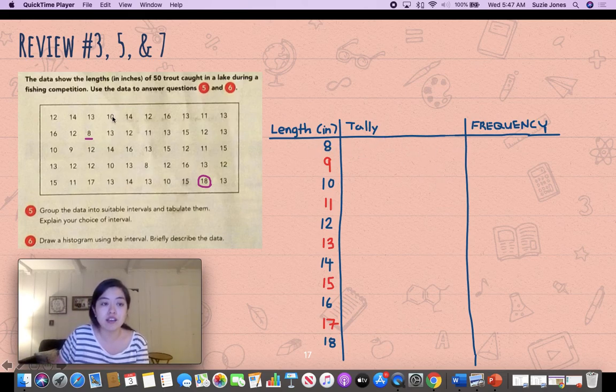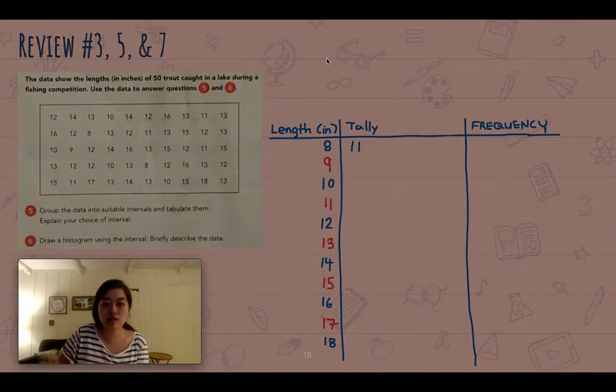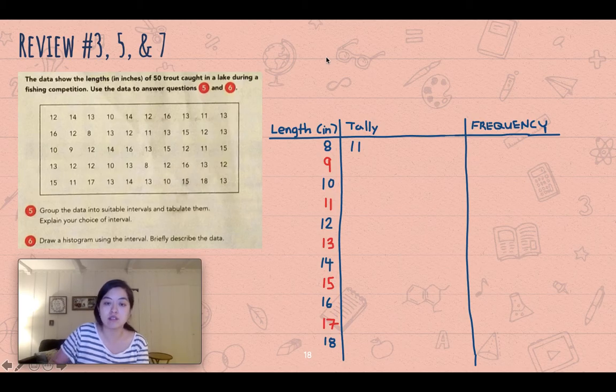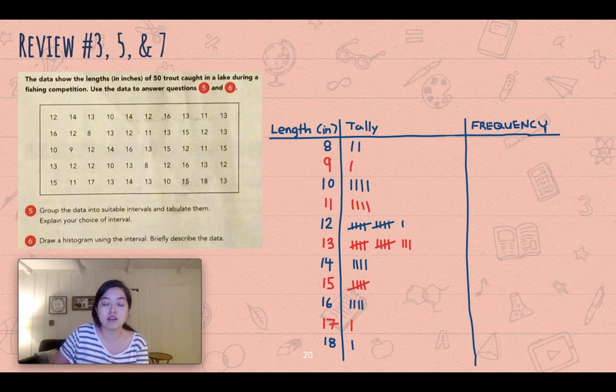Once I encounter an 8, I'm going to tally it, and if I encounter another 8, I'm going to tally it, and so forth. I found 2 8s, and then 1 9, and so forth. Once I tallied it up, if I add up all the tally marks, I count that there were 50 total. So that checks out.